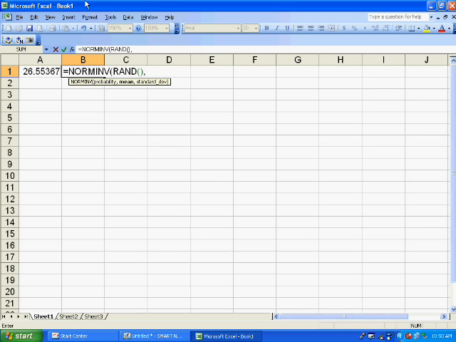Okay? And the mean is equal to the original mean, 100, plus rho, which is 0.9, times x, the previous value, so that's times A1 minus 100.